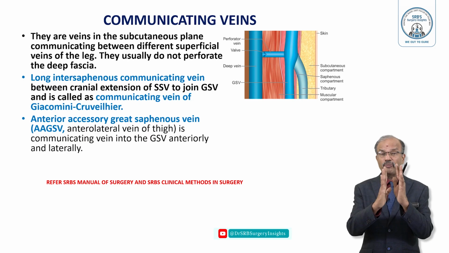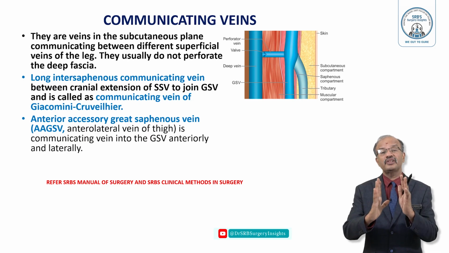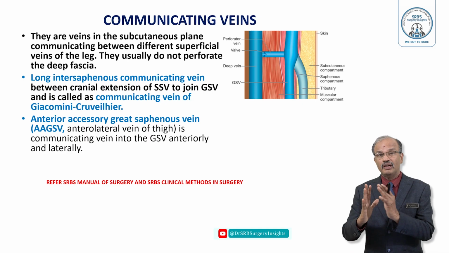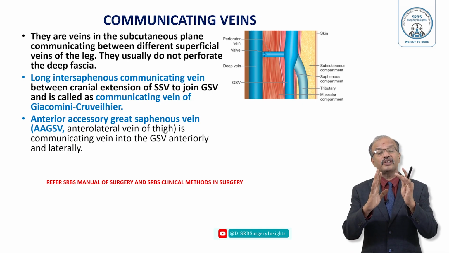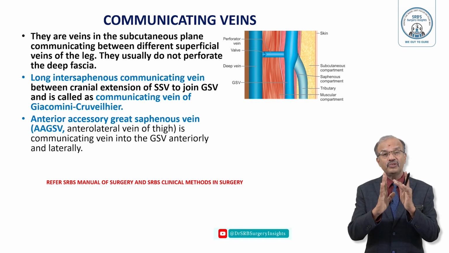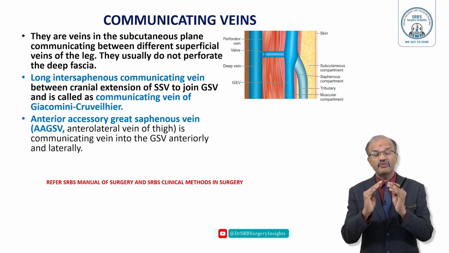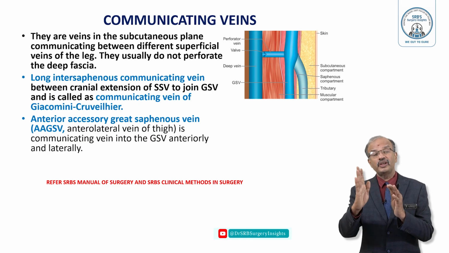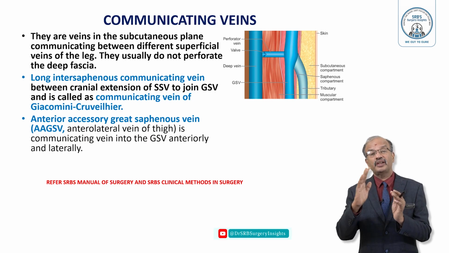There are terminology differences between perforator veins and communicating veins. A perforator always perforates the deep fascia and connects the superficial vein to the deep venous system, usually with a single valve, and the direction is only from superficial to deep. Whereas a communicating vein connects one superficial vein to another superficial vein.